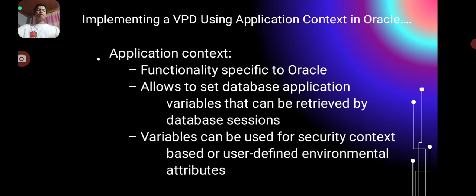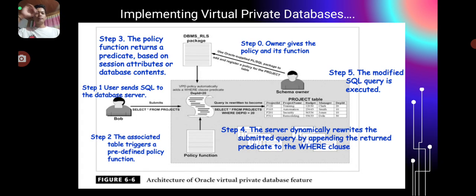These variables can be used for security context based or user-defined environmental attributes. So, the functionality specific to Oracle allows you to set database application variables to retrieve, which can be used in a security context based on defined environmental attributes.